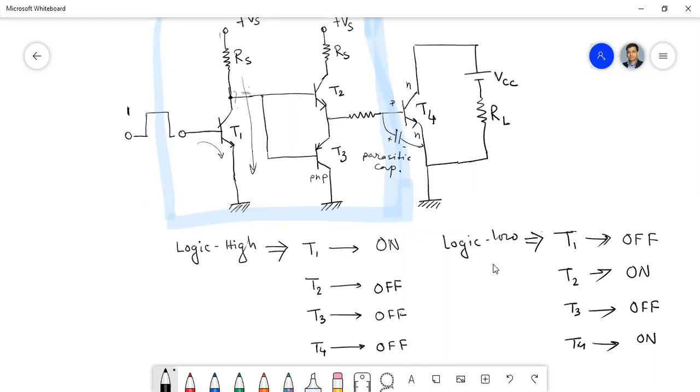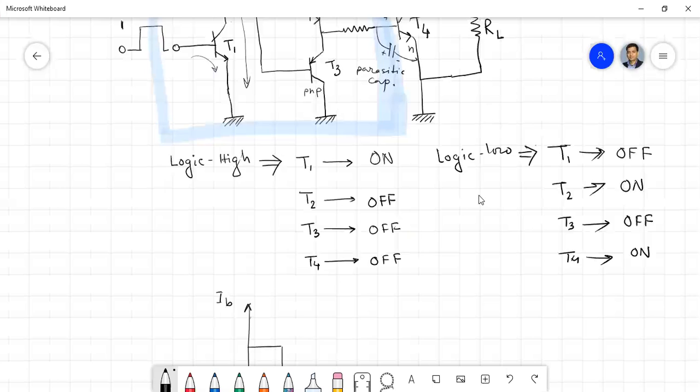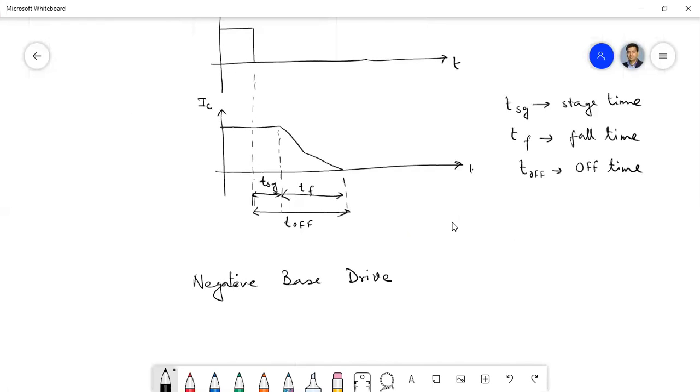Now when the device tries to be switched off, this parasitic capacitance takes some time to discharge itself. So that time is considered in this stage time. Is it okay?